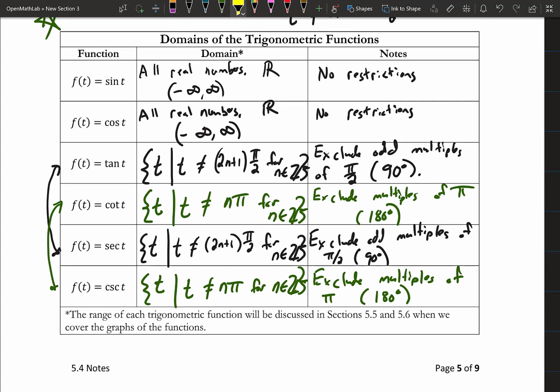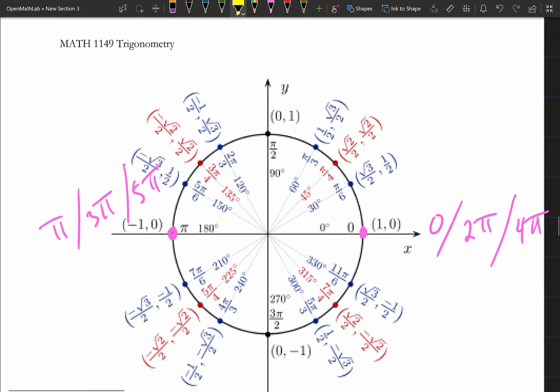Just notice here I have a statement that we're only focusing on the domain right now, but in sections 5.5 and 5.6 we're going to cover the graphs of these functions, and we'll focus on the ranges at that point. All right, so the next page.